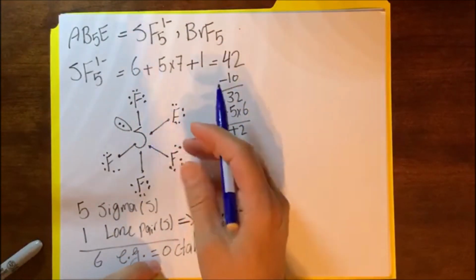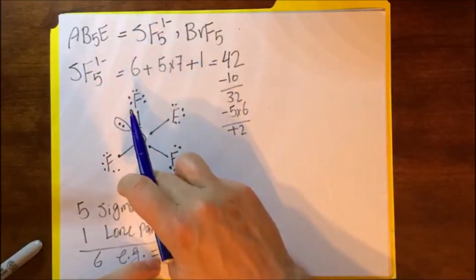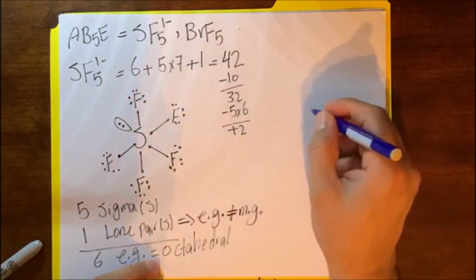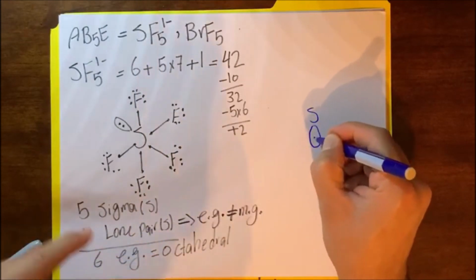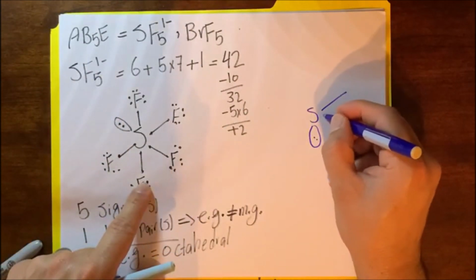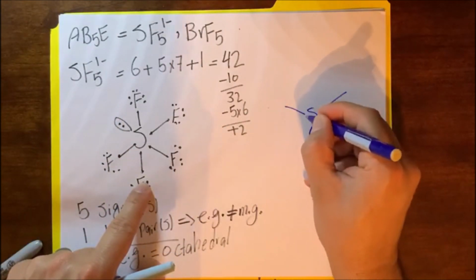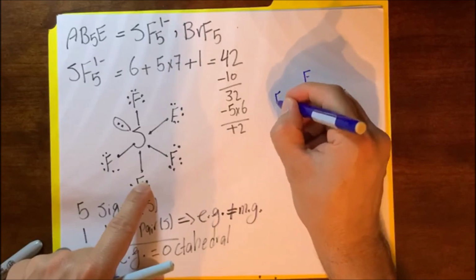I'm just gonna rotate this one so it will show up there, and in that case you will get sulfur lone pair here, so I'm moving this one down. I will have 2 fluorines here, 2 there, and 1 fluorine there.